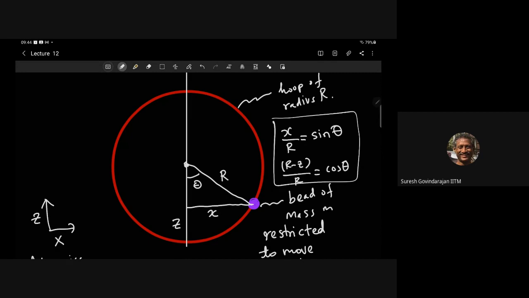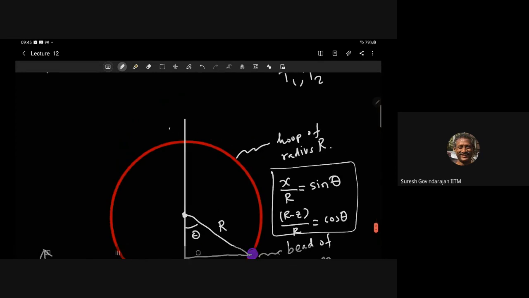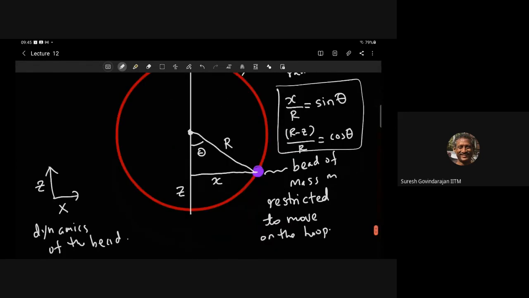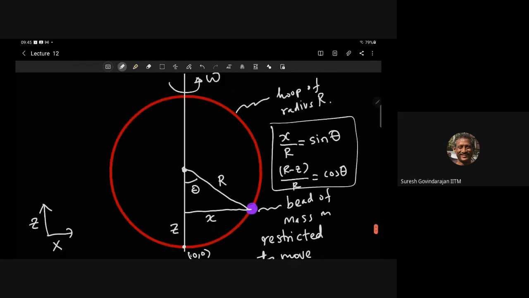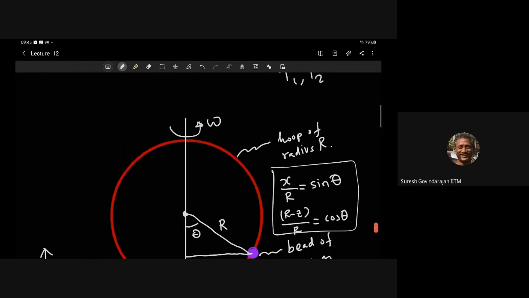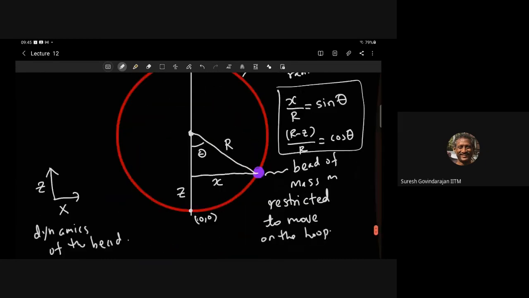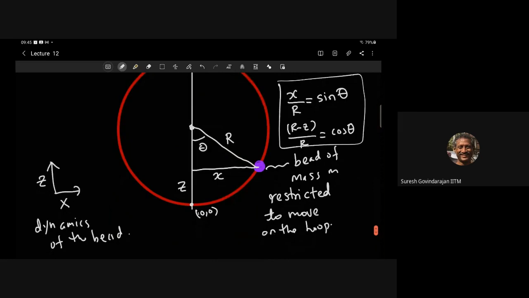So now we'll make the problem more interesting. The hoop is now spinning about the z-axis, and this will be our origin, of course. We want to choose this as 0, 0. We're going to spin this about the z-axis, and the question is, how are we going to discuss the dynamics?